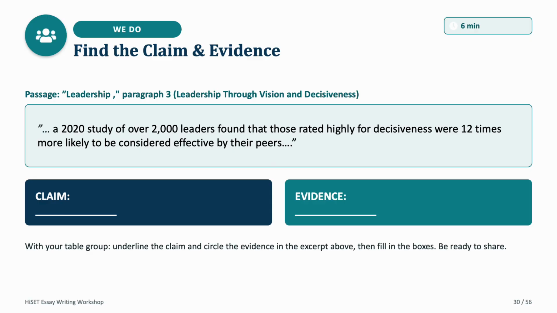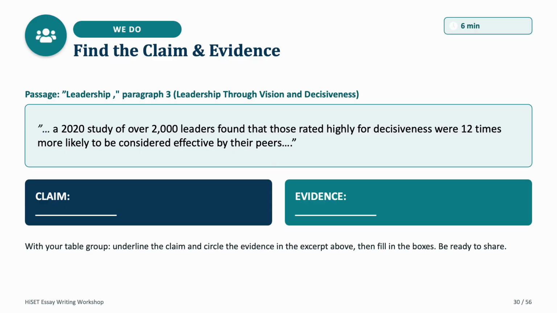Okay, what is the claim? Leaders rated highly for decisiveness were considered effective. Okay, more effective. And then what is the evidence?